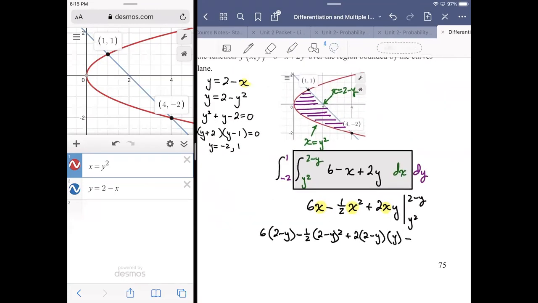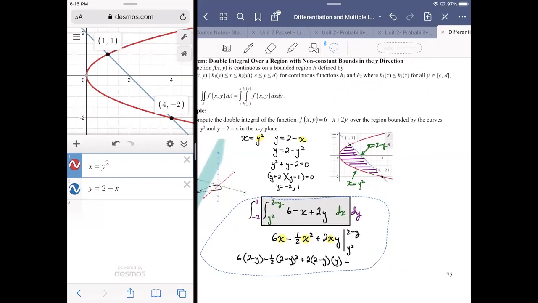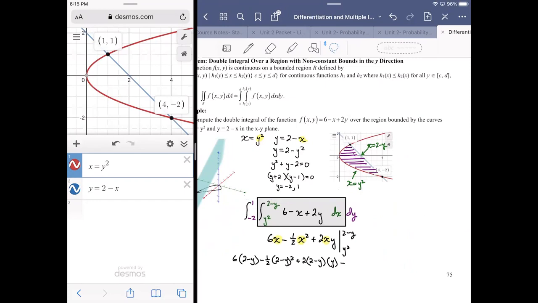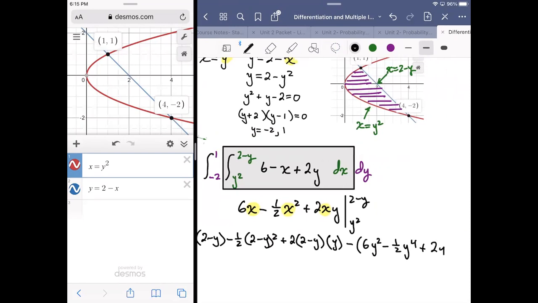Okay. So I'm going to move some things over. So 6y squared minus 1/2 y to the 4th plus 2y to the 3rd.